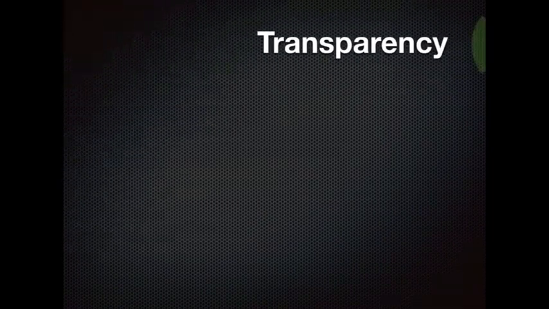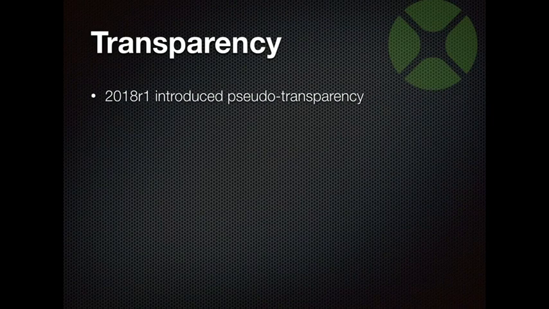So the big thing with the introduction of Direct2D and the flicker: we introduced the pseudo-transparency model, as I mentioned, last year in 2018 R1. What this means is we handle the compositing for you.